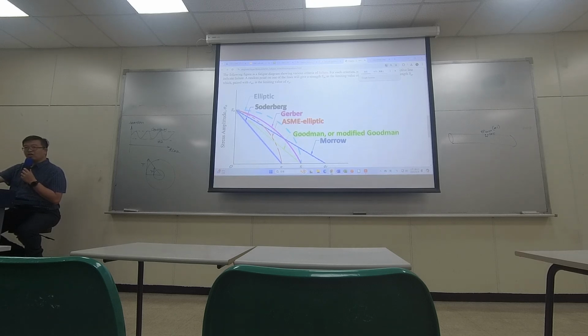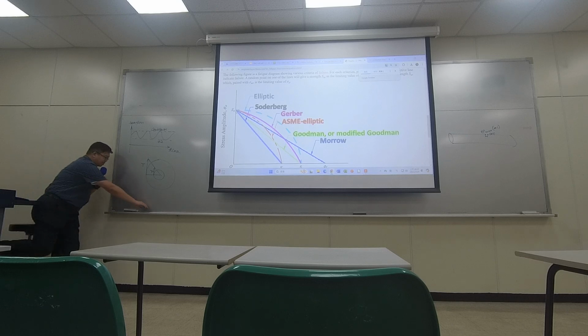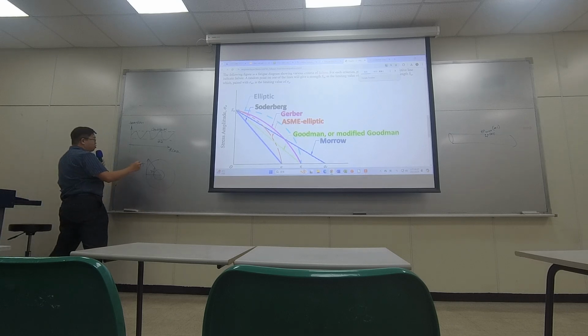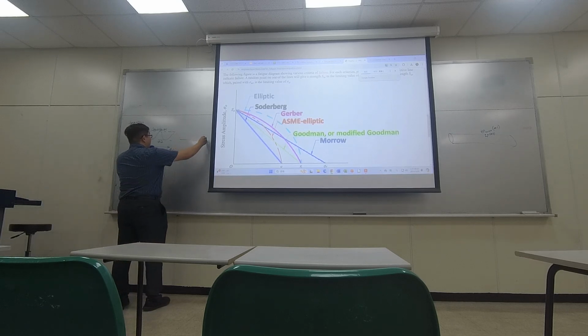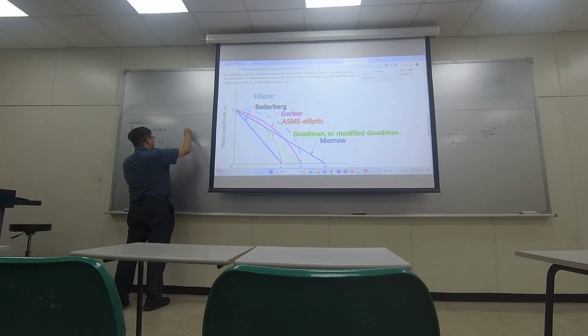In the beginning, we have a maximum shear stress model where we have linear boundaries. Let me remind you of what I'm talking about. For the failure, we had linear boundaries like this. This is the maximum shear stress model.